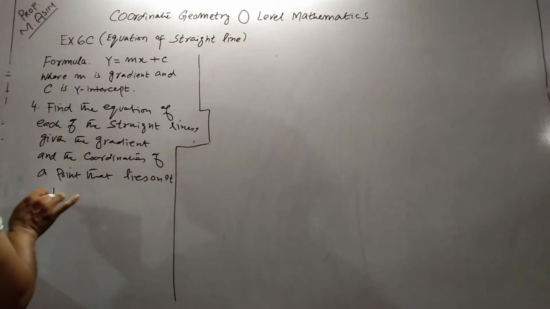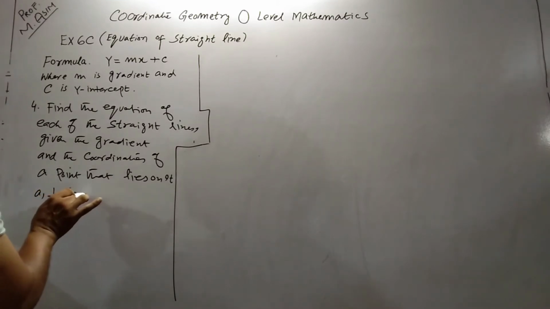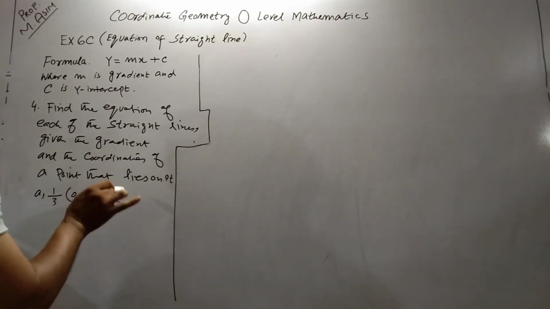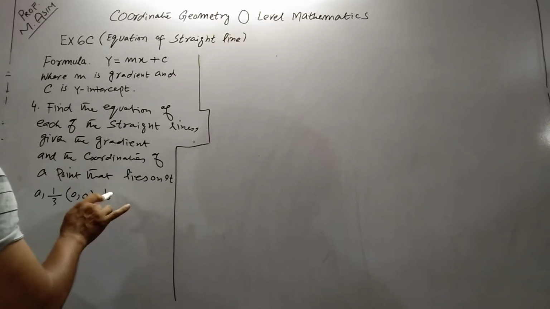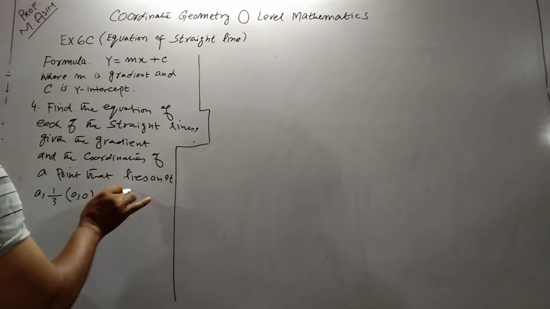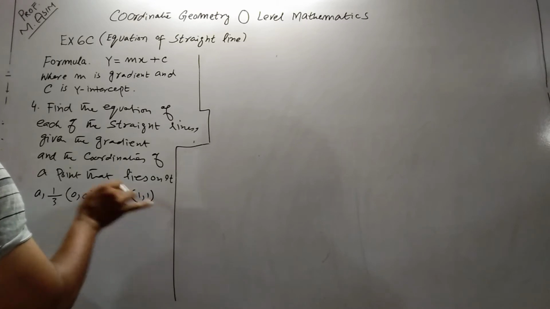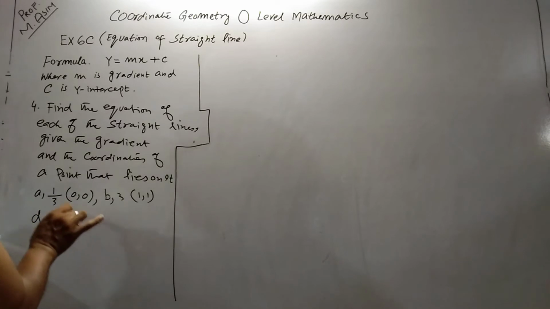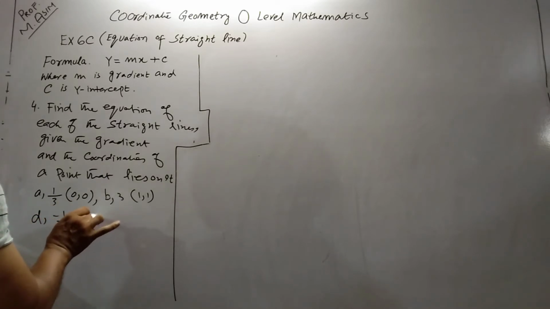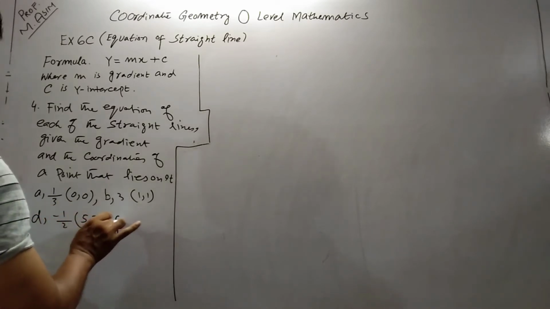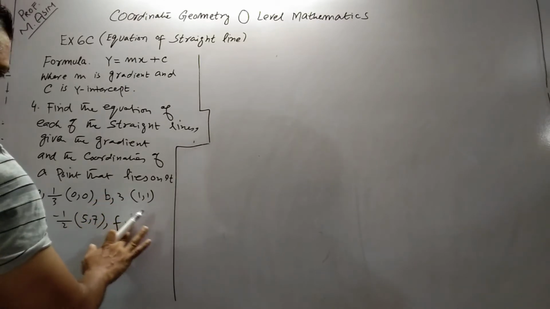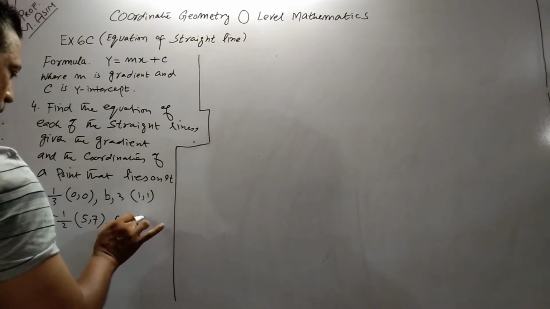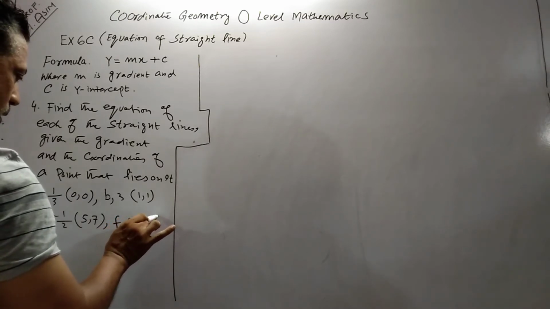A is 1 upon 3, 0, 0. Part B is 3, 1, 1. Part D is minus 1 over 2, 5, 7. Part F is A, 0 comma A.